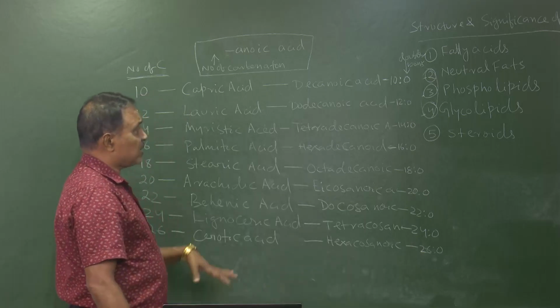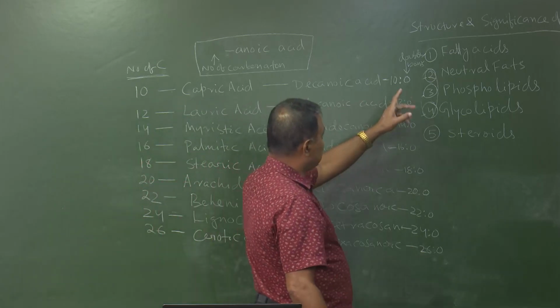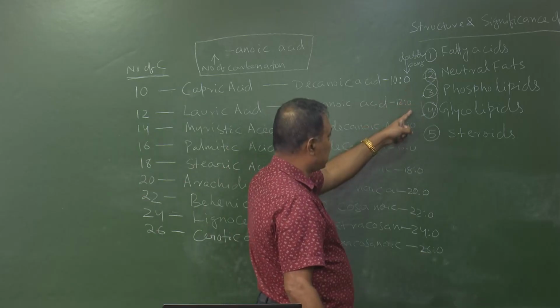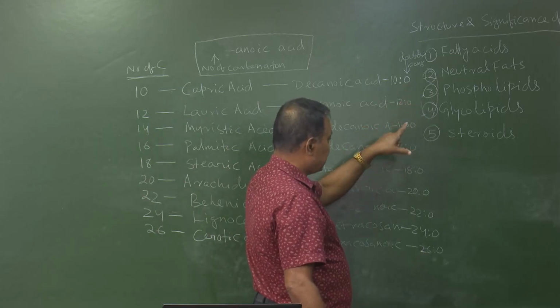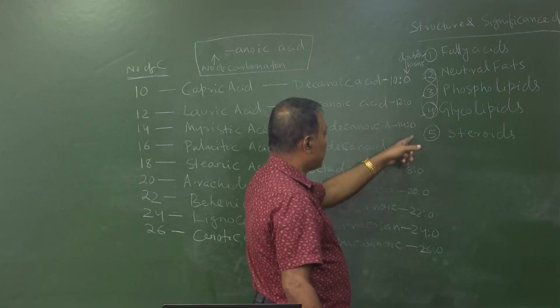When we go for unsaturated fatty acids, we will find these zeros changing. It will indicate the number of double bonds present there.